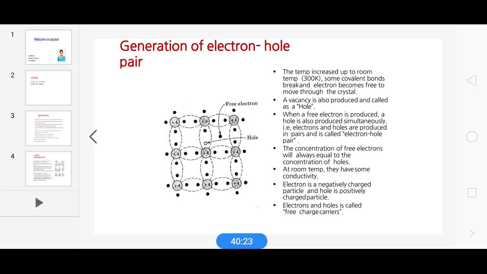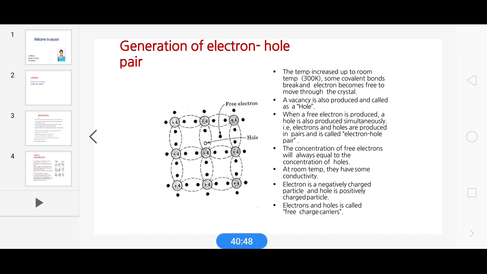Now, how is the electron-hole pair generated? As the temperature increases, some covalent bonds will be broken and the electrons become free to detach from the nucleus, from the atom. Then there is a vacancy called a hole. The vacancy of an electron is called a hole.